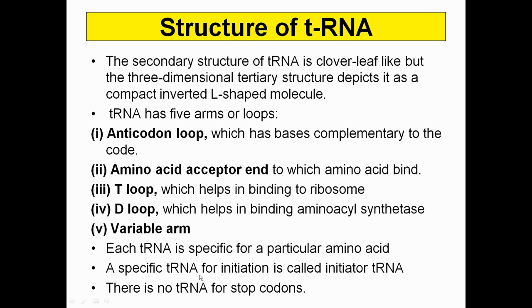There is no tRNA for the stop codon. You have gone through the table of the codons, which codon is going to bring what kind of amino acid, and you can easily see that there is no tRNA for the stop codon because the stop codon does not code for anything.